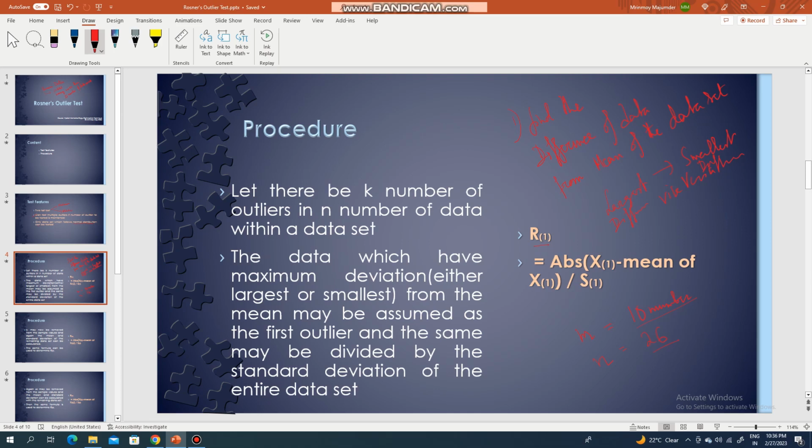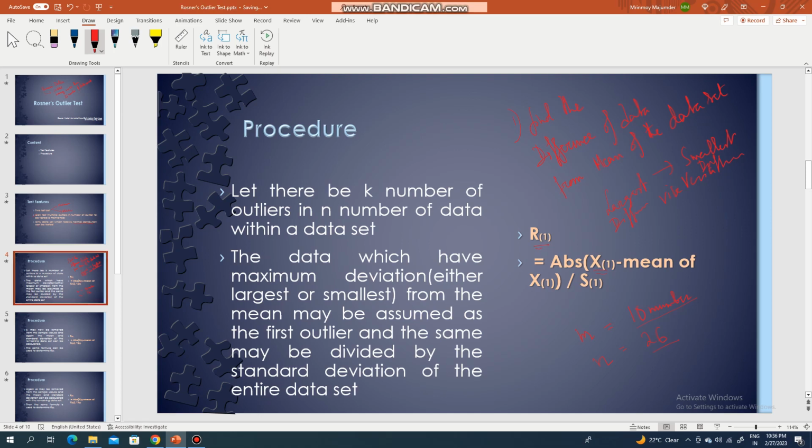Absolute value means that whether it is minus or plus, you will take it as positive. So x1 is that data point which has the largest difference, and the mean of x1 means the mean of the data set including x1, divided by the standard deviation of the data set including x1. Okay, so this is your R1.